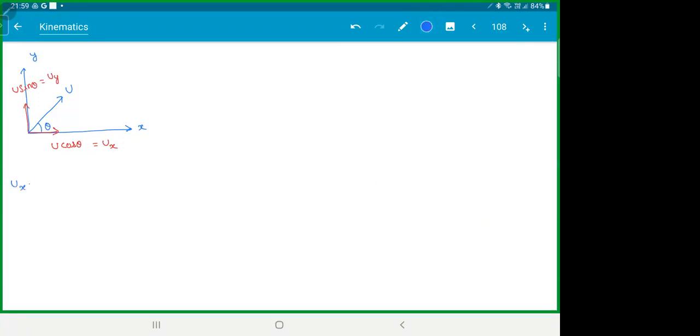So ux is your initial horizontal component of velocity. Similarly, uy is u sine theta. This is the initial vertical component.